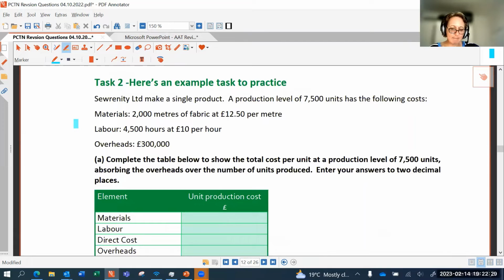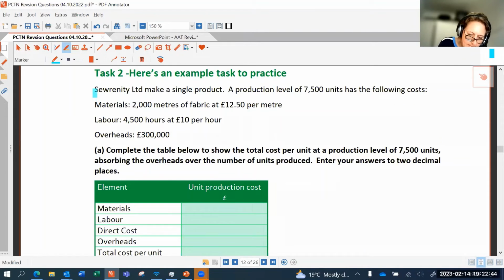So here is an example task for us to practice. And our company is called Serenity Limited, like what they've done there. Serenity makes a single product. Okay, so they make a single product.